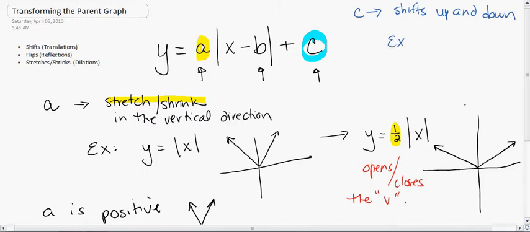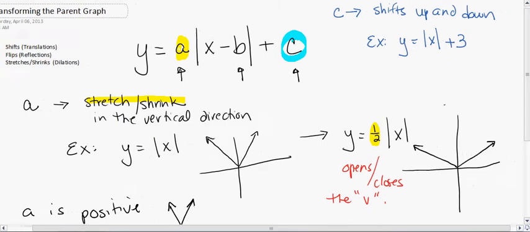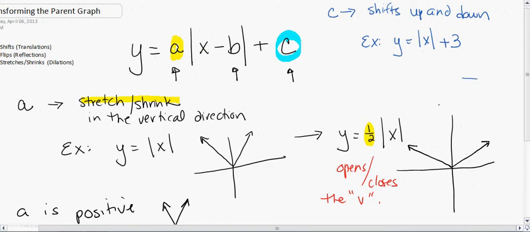So here's my example. And I'm still going to use that same parent graph, y equals absolute value of x. But this time, I have y equals the absolute value of x plus 3. And that graph is still going to be a V, but it's going to start up 3 on the y-axis.